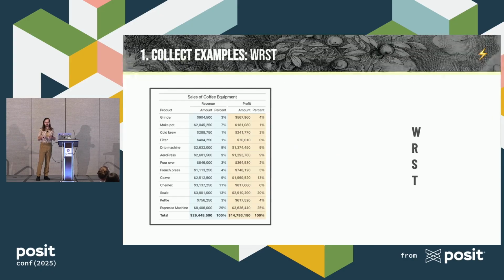All right. So the first is collecting examples. I think the key here is to get the WRST examples. You want examples that are whole, real world, simple, and typical. So you want a real, complete example that you might see in the wild, that's not too bananas to hit people with, that someone doing this type of thing might actually do.